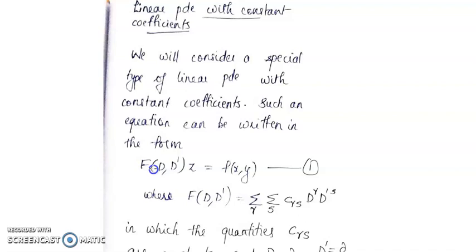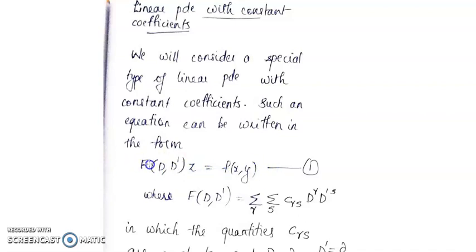But I will denote here the operator dou by dou x as D and the operator dou by dou y as D dash. The general form of a linear PDE with constant coefficients can be written in the form f of D, D dash z equal to f of x, y.